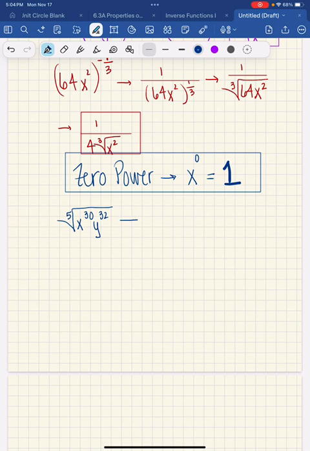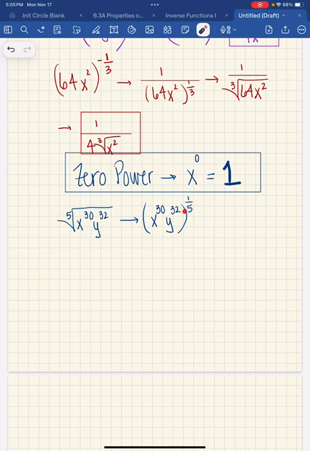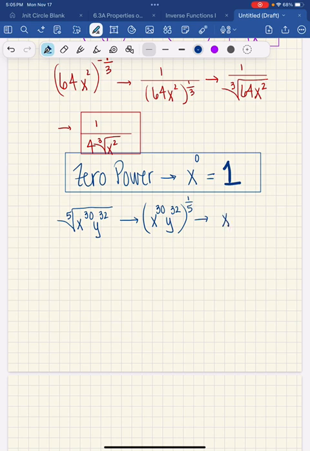If I were to rewrite this, this would be x to the 30th, y to the 32nd to the 1/5 power. Denominator is the root. Numerator is the power. It's all being raised to the first power. Well, multiply by a fraction, divide. So 30 times 1/5 is the same thing as 30 divided by 5, which is 6.